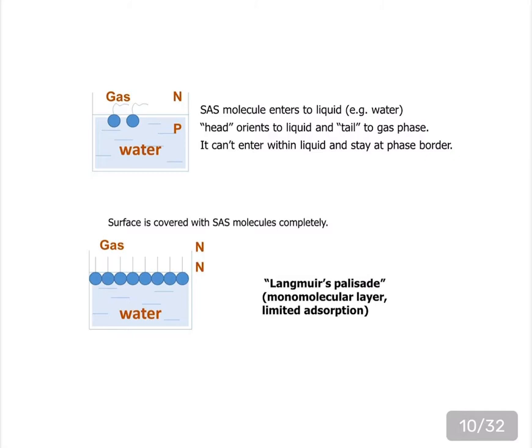So it will stay at the borderline and orient by its polar head to water and non-polar tail to air.